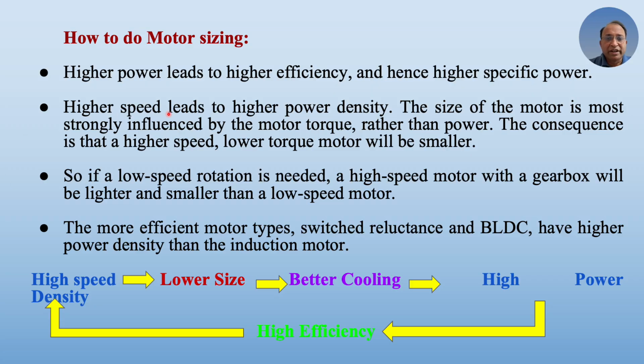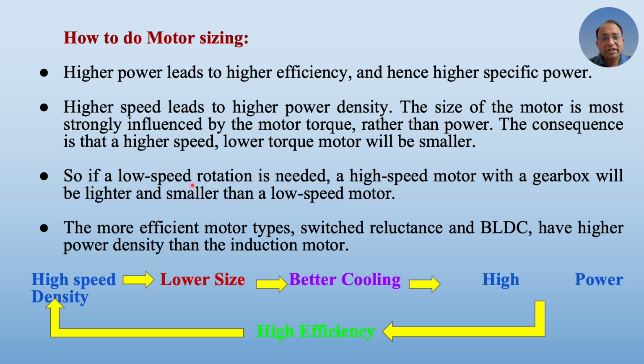Similarly, high speed leads to high power density. The size of the motor is most strongly influenced by the torque rather than the power, so we focus more on torque. The consequence is that a higher speed, lower torque motor will be smaller. So we prefer a smaller motor which works at a higher speed and at lower torque. Lower torque means lower losses.